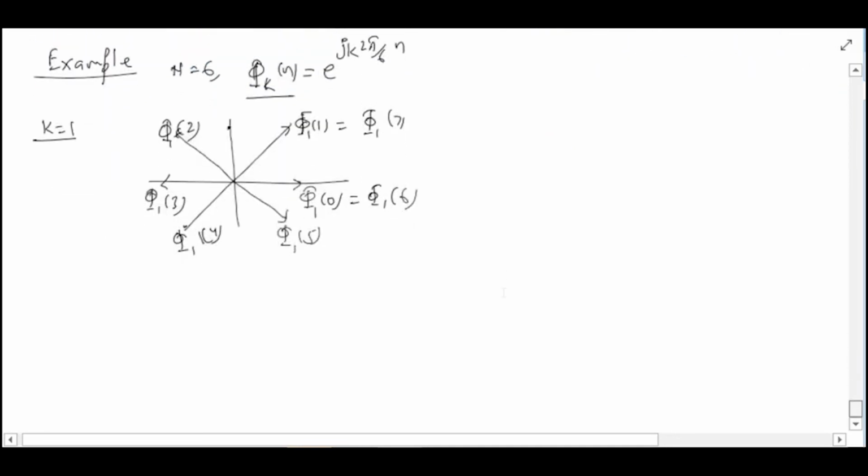Right? Similarly, if I choose k equals 2, I get only 3 distinct complex exponentials, which are as follows.